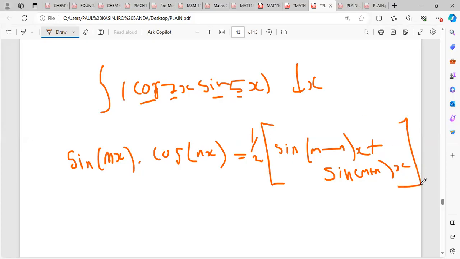I don't have space here, I'm going to write it down. So this here is the expression for such an equation, so that you can simply integrate it.